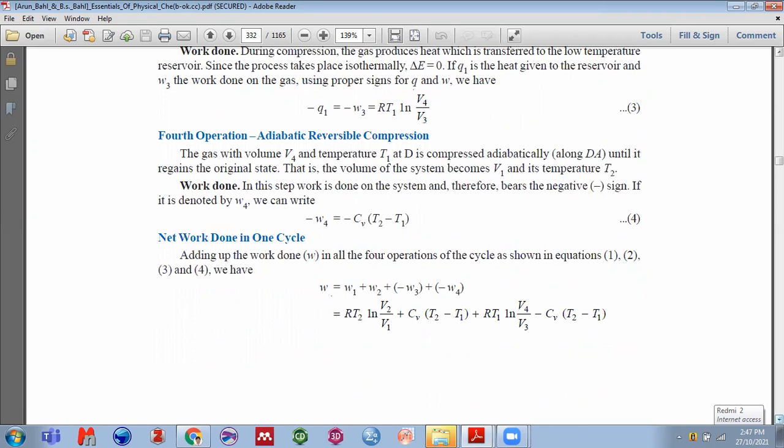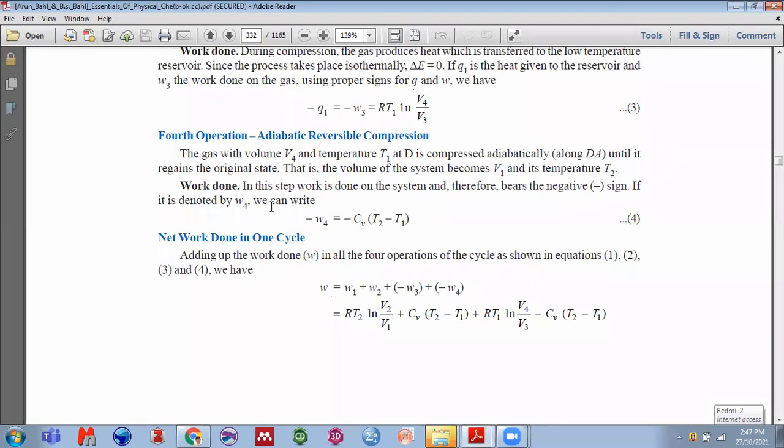This is shown in the DA portion of the curve. The gas with volume V4 and temperature T1 becomes, the volume of the system becomes V1 and its temperature T2.